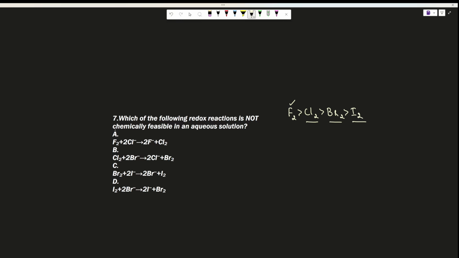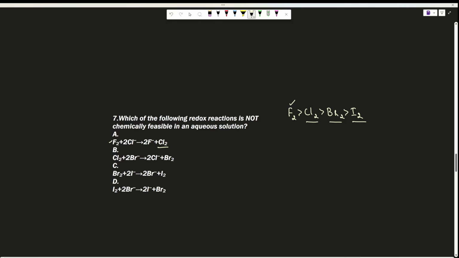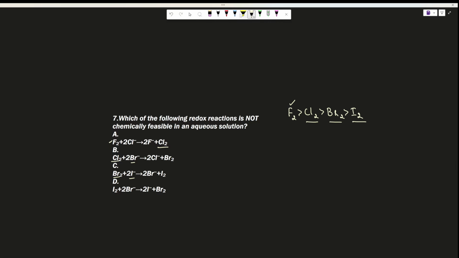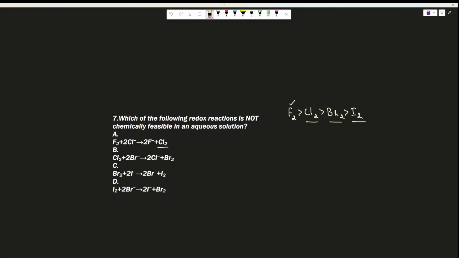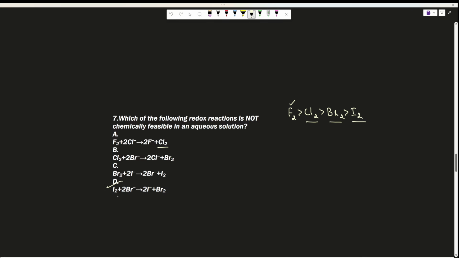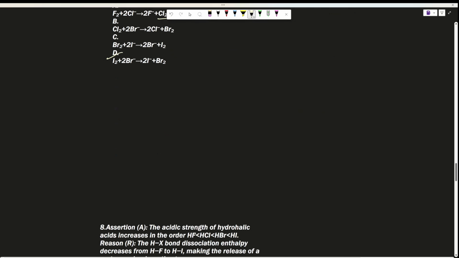Here, first option, fluorine can replace chlorine, right? Chlorine can replace bromine. Chlorine is more reactive. Bromine can replace iodine, correct? But in the last one, iodine plus bromide is given. So that is not possible, right? So the last one is not possible here because iodine is less reactive when compared to bromine.